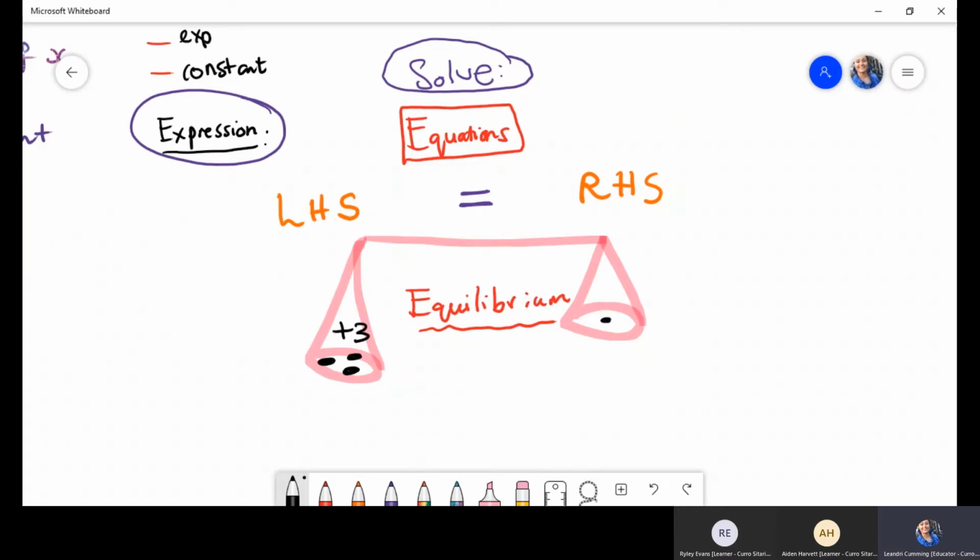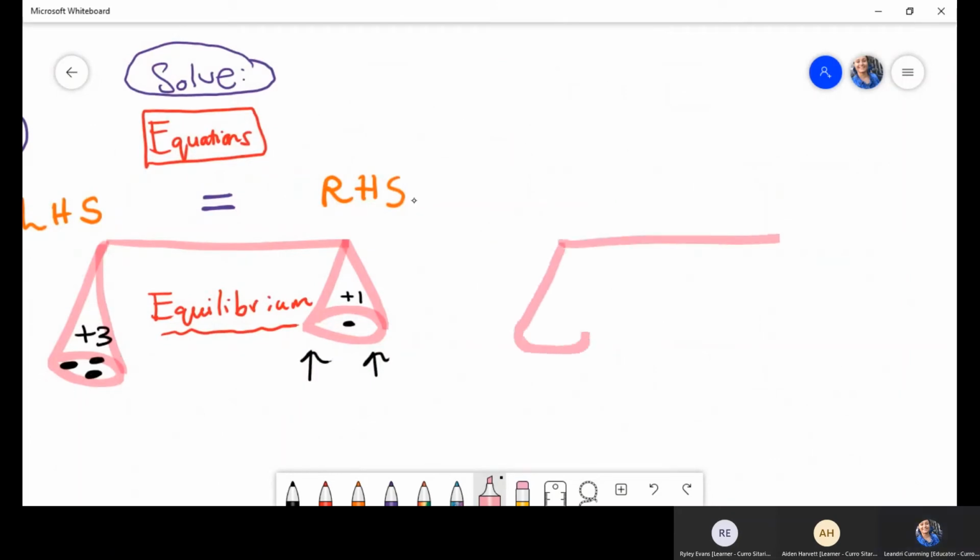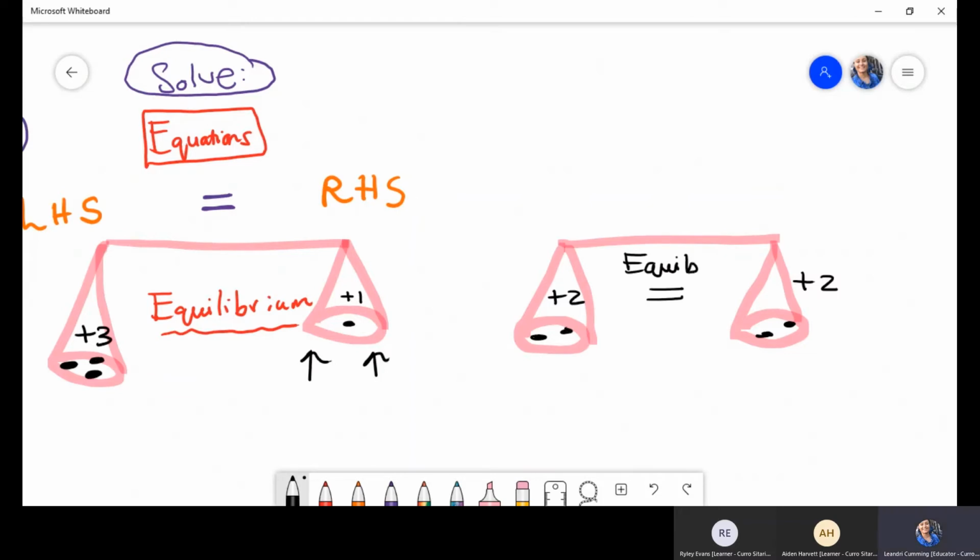And on this side, I've added 1. I can see that this scale is not in equilibrium. This scale has a heavier part and a lighter part. But let me balance it out equally by having 2 weights on this side and 2 weights on that side, and I will have a beautiful equilibrium because the left-hand side is in fact equal to the right-hand side.